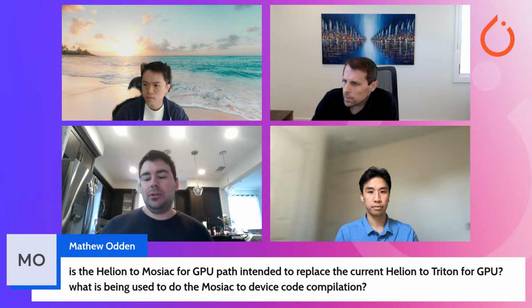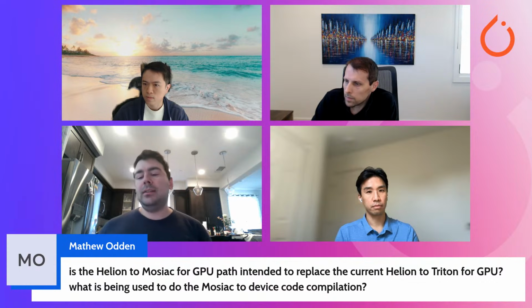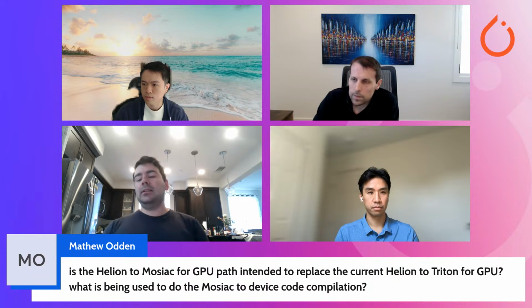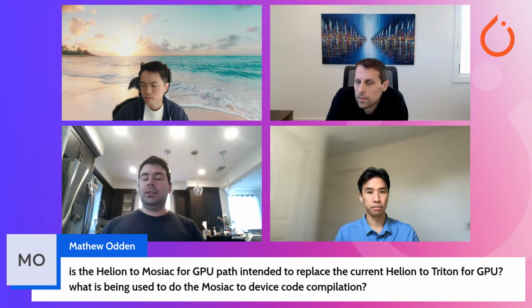The nice approach here is that you can either choose a particular backend by specifying this in your config, or you can let the Helion autotuner compare the Mosaic implementation with the Triton implementation and see which one is faster. Perhaps Mosaic behaves better for certain code patterns, and perhaps Triton is better in other cases. So we would like to create the most flexibility for the user to either make the choice or decide this via autotuning.